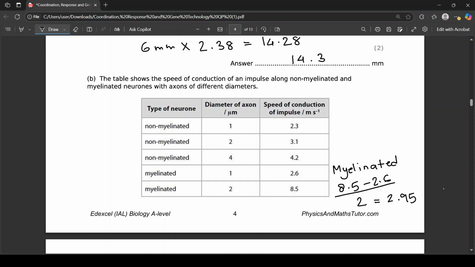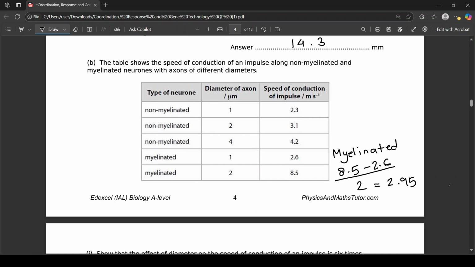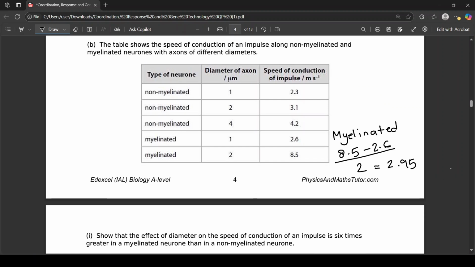Alright? So this is the mean increase in conduction per 1 micrometer increase in diameter for each type of neuron. Alright, this is for myelinated neuron.